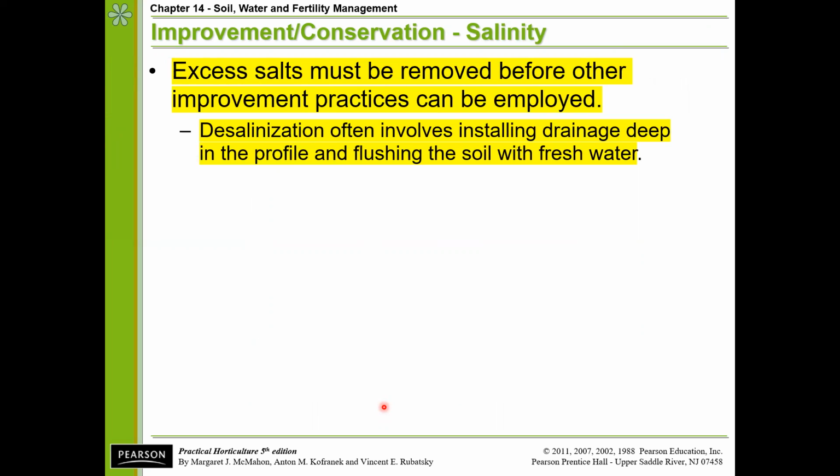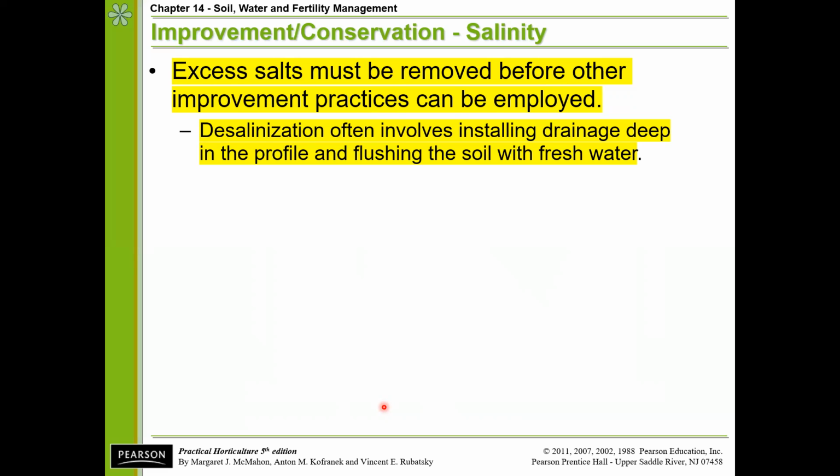You throw it on there in the powder form, and in doing so, just recognize that you can also be increasing the salinity of the soil. And if you're increasing the salinity of the soil, then eventually you're going to have to desalinize the soil. We really need to remove excess salts from the soil.